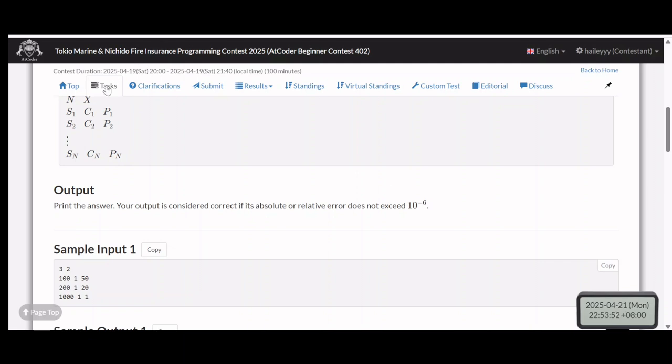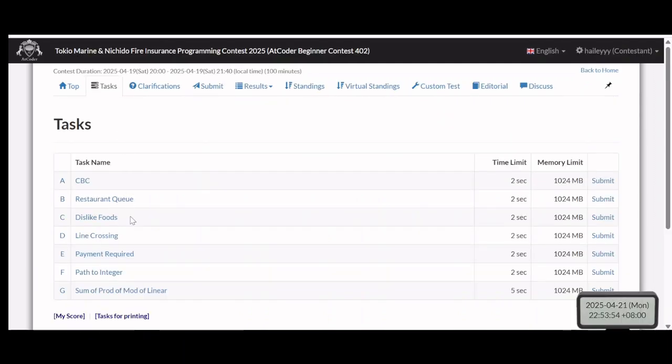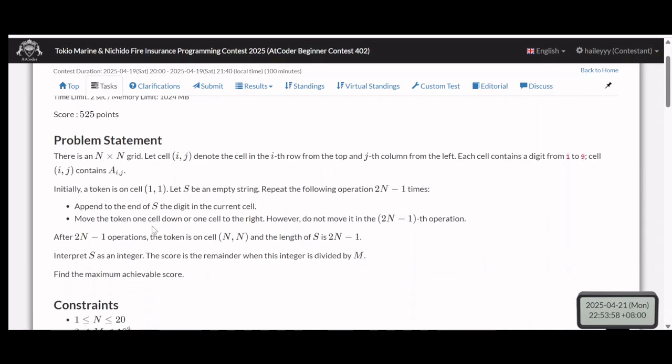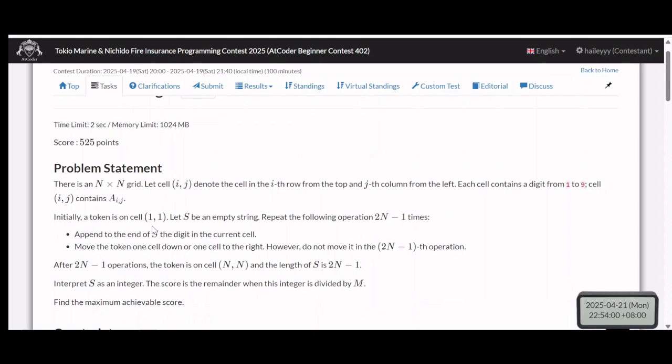And next, let's look at problem F. And so problem F, we have an n times n grid, and each cell (i, j) contains a digit from 1 to 9, and cell (i, j) contains the digit a_ij.